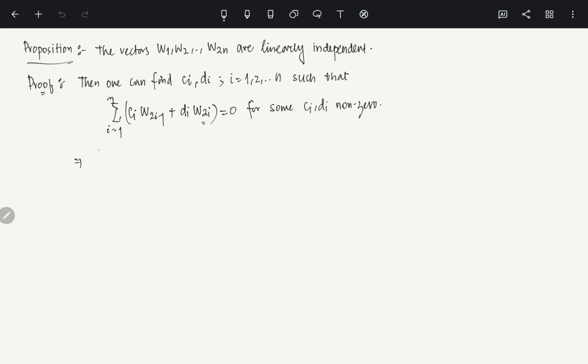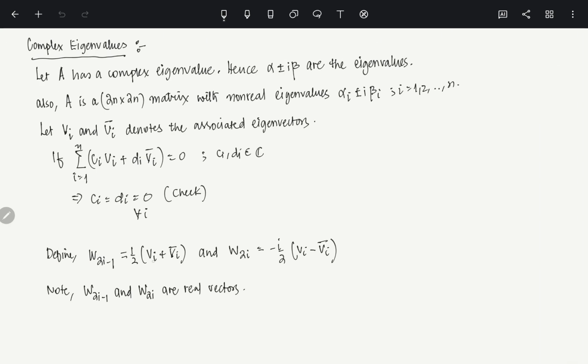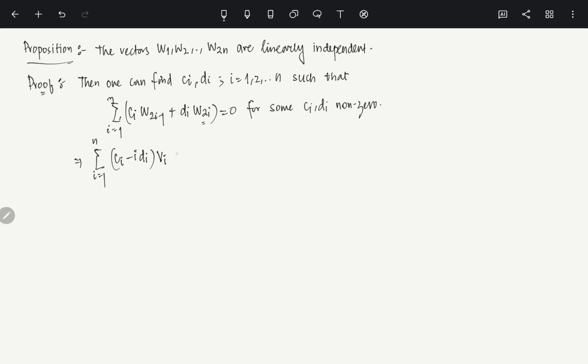If you put it together, you can write it as the sum over i equals 1 to n of (c_i minus i d_i) V_i plus (c_i plus i d_i) V_i bar, equals 0. That's what we get if we write it in terms of V_i.